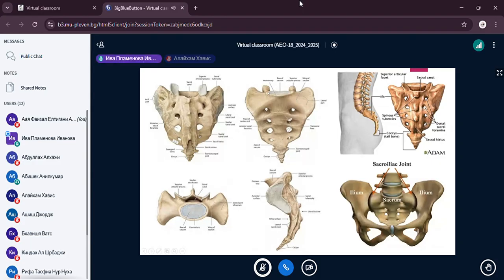So the anterior edge of the base is called promontorium. You will learn this in the last 2 weeks of this semester when we talk about joints.